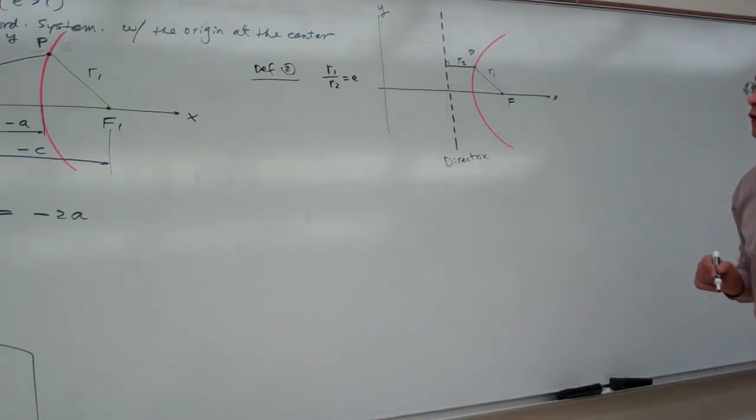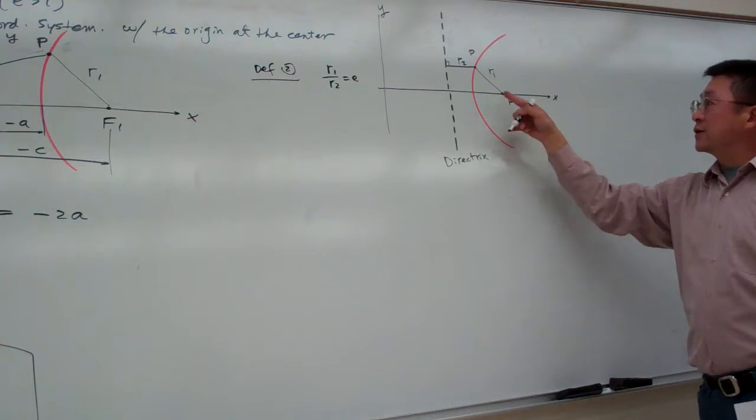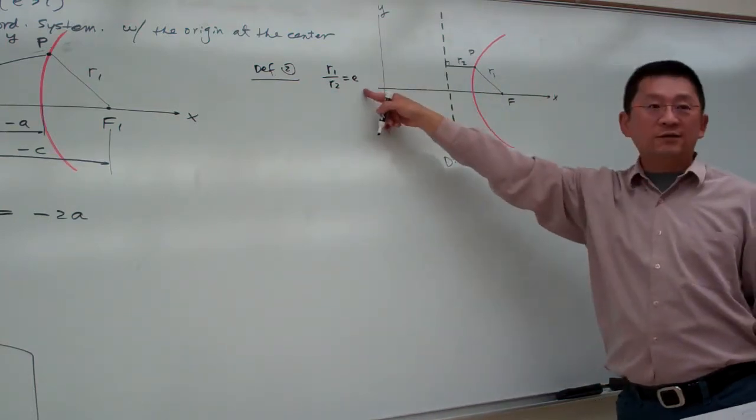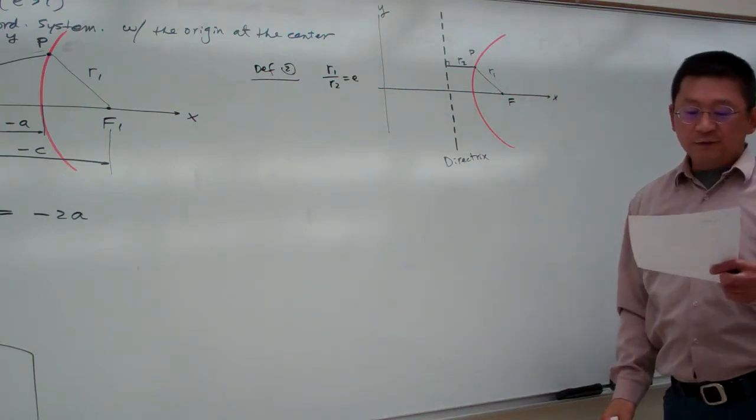Okay. So the ratio of the distance to the focus over the distance to the directrix should be constant, and here e is positive.